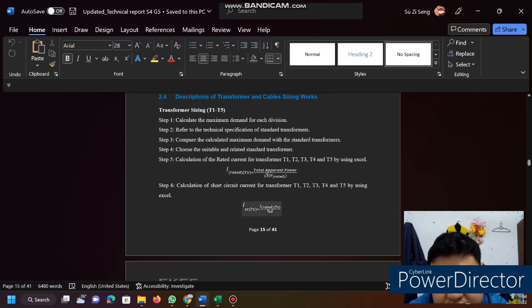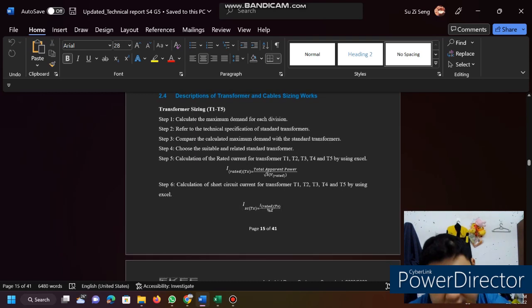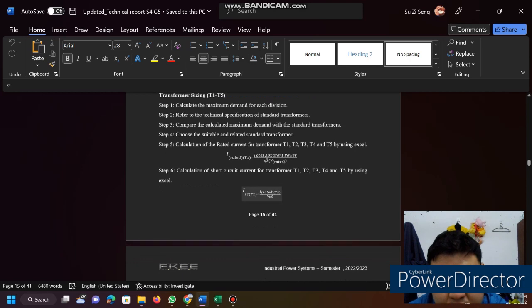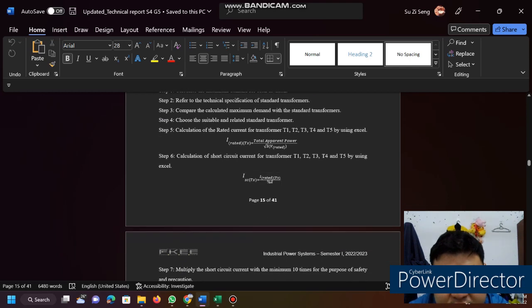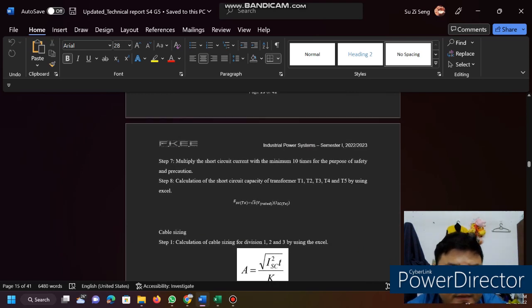After that we use the short circuit current for calculating the cable sizing. For the short circuit capacity, we use this formula for each transformer T1 until T5, and we also multiply the short circuit current by a minimum of 10.